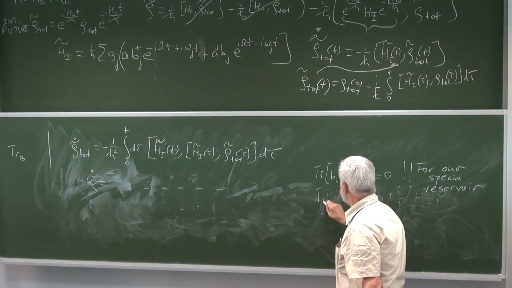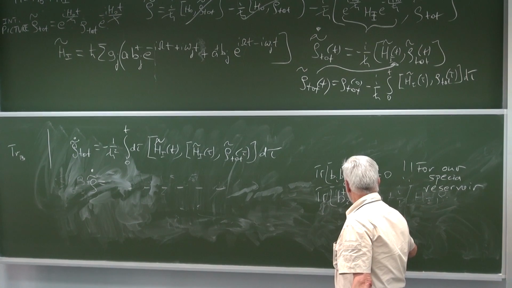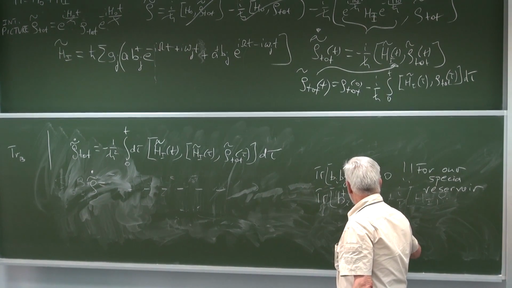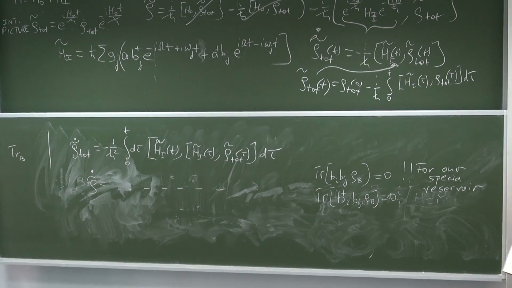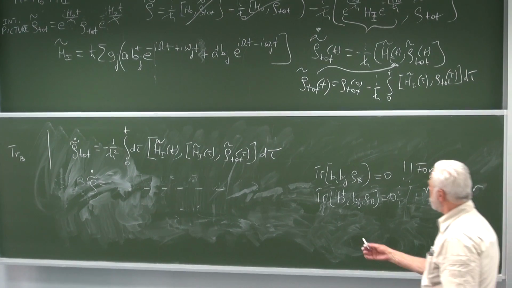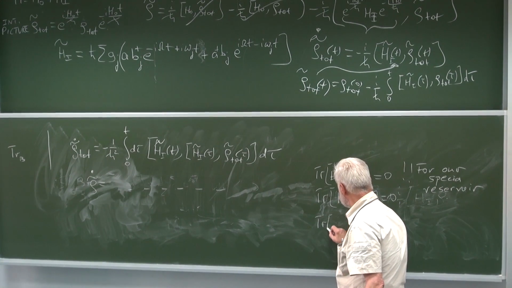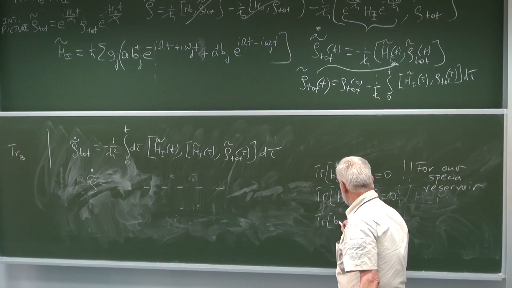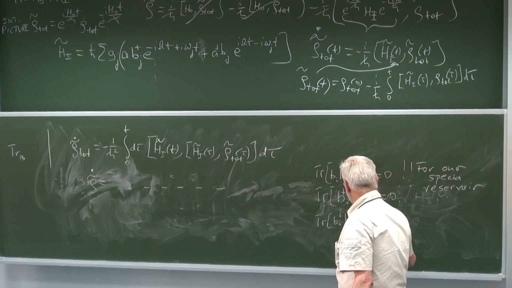Now, for the same reason, this one has also a trace which vanishes for exactly the same reason. Now, there are of course also places where I need to evaluate the trace of B_i dagger B_j with rho_B.